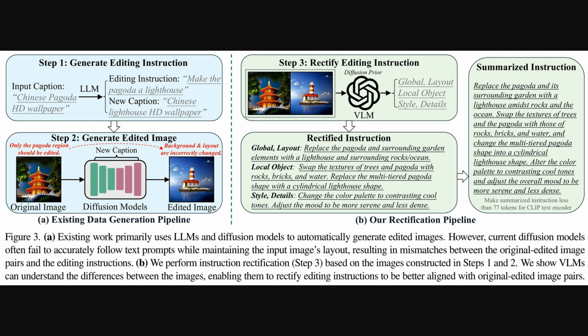Then, diffusion models, AIs that create images by gradually refining noise, try to apply this instruction but often make mistakes, like changing the background incorrectly. Panel B, SuperEdit's way, uses a vision language model to analyze both the original and the edited image, applying those diffusion priors we just discussed to create a much more accurate, rectified instruction.